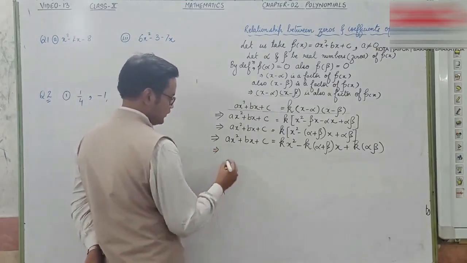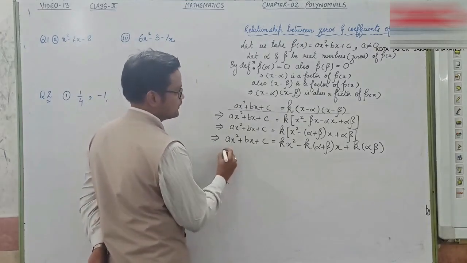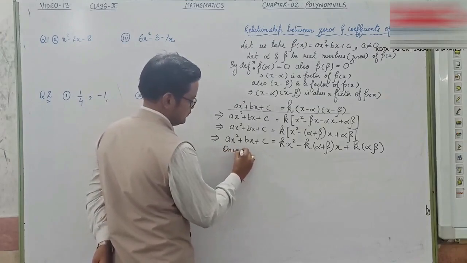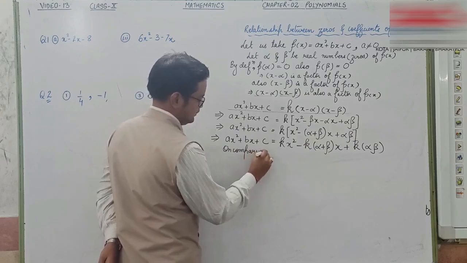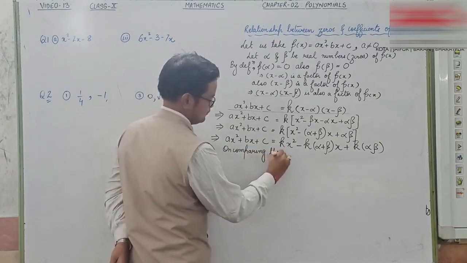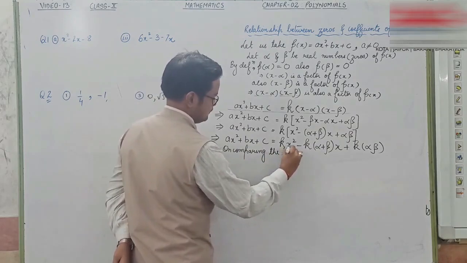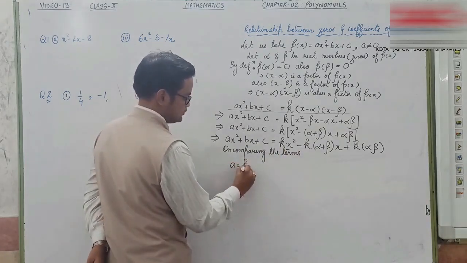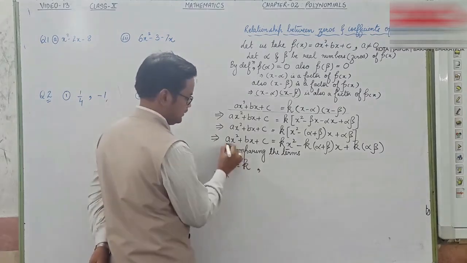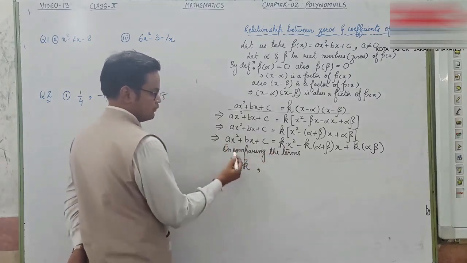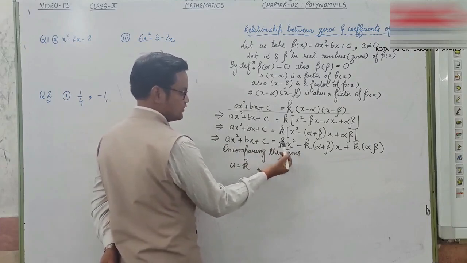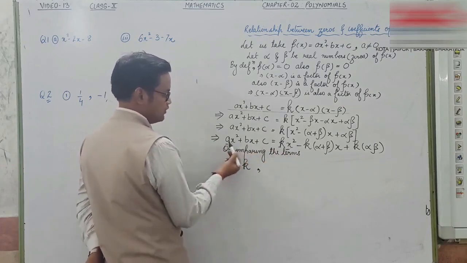Now, if you compare, on comparing the terms, a is equal to k, right? A is equal to k because x square is in place of x square. So what is in place of a here?